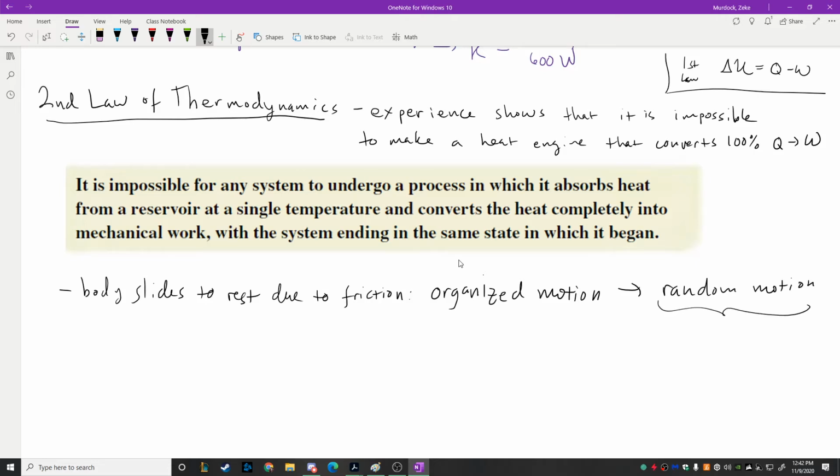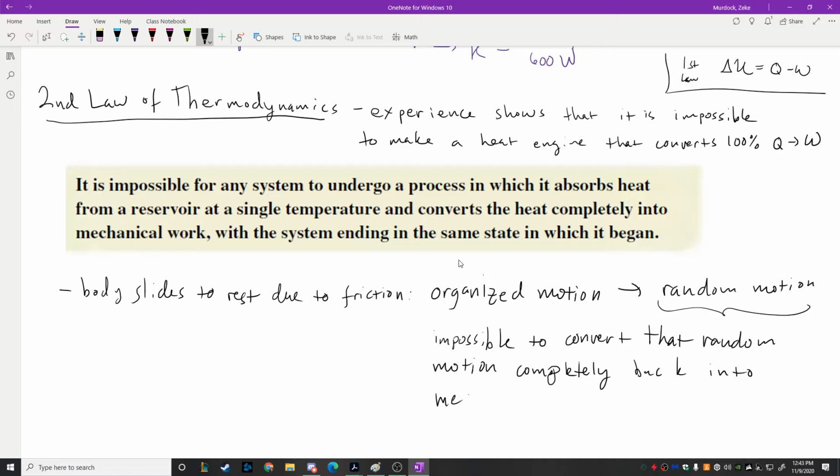And out of this random motion, which is molecules, it's impossible to convert that random motion completely back into mechanical work. We can convert part of it, though, in a heat engine.